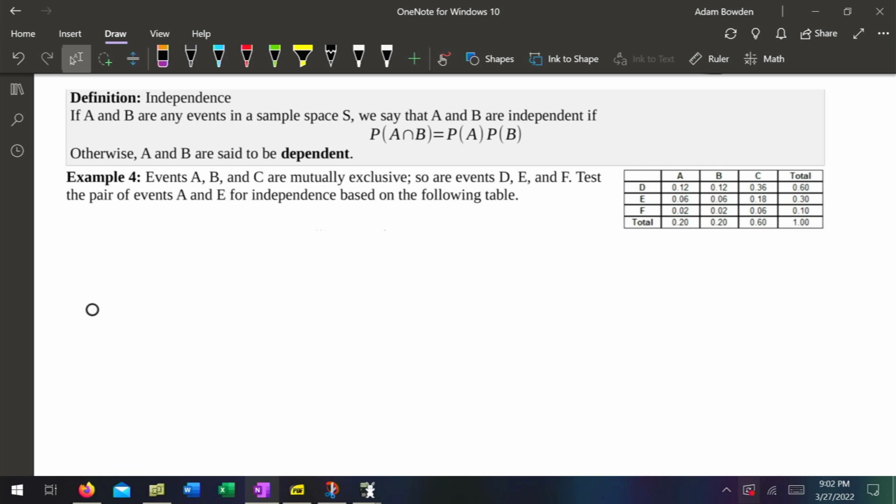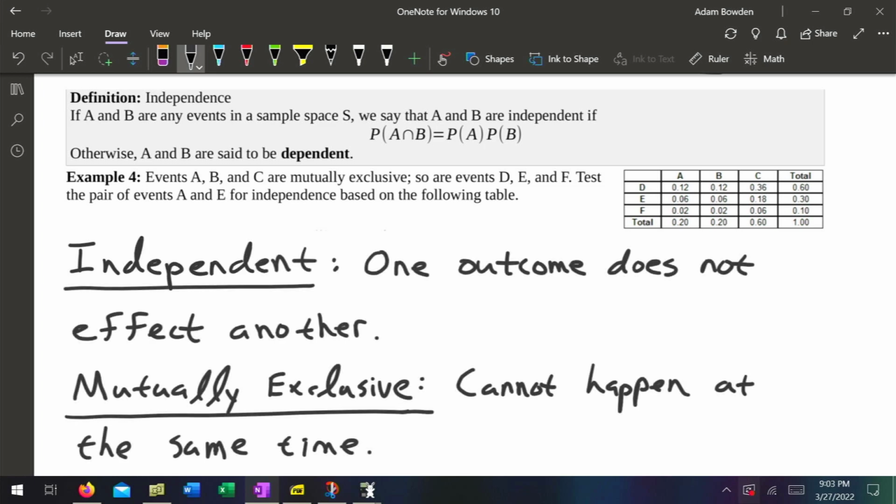So let me write down exactly, again, what we mean by independent versus another word, mutually exclusive events. So the overall summary here is we now have the idea of independent events and mutually exclusive events. And they are different because independent events talk about events where one outcome of an event does not affect the outcome of another event.